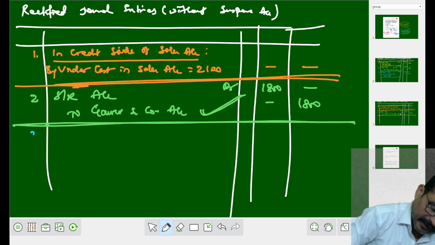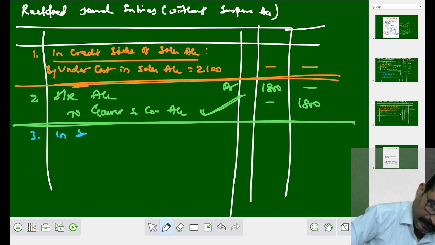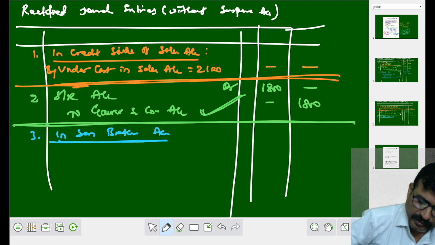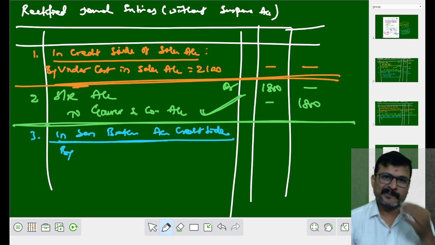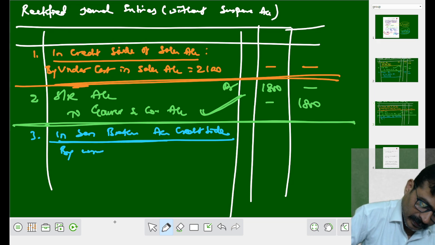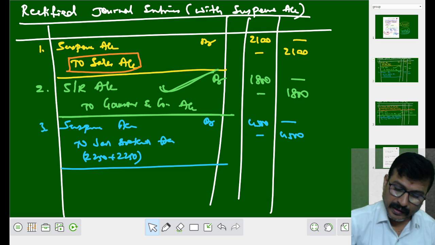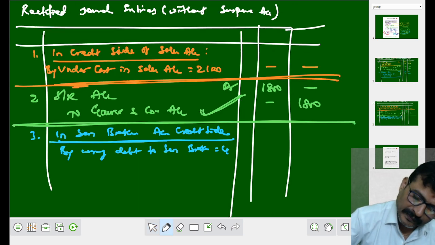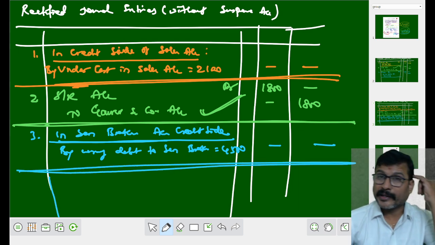So now we have to write without opening suspense. In Sen Brothers account, what side? Credit side, by wrong debit to Sen Brothers. How much amount? You have to take 4500. Nothing is to be written in the particulars amount column because you have written wrong debit.